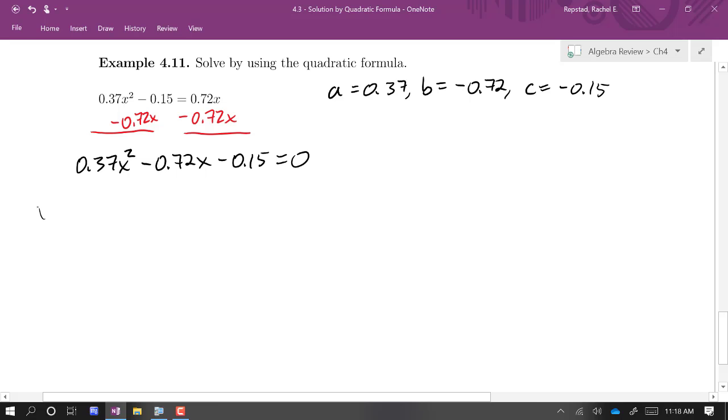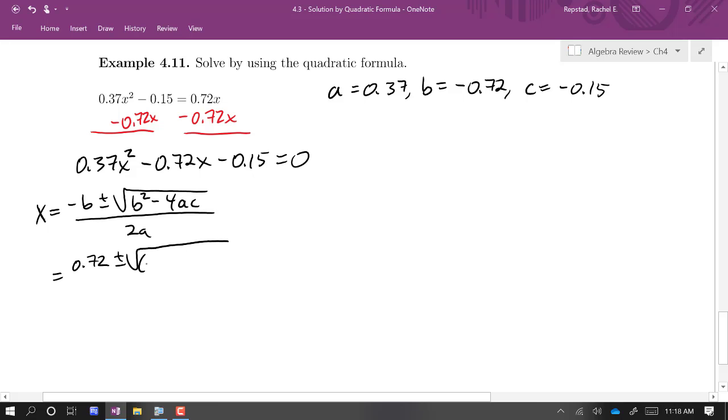I'm going to start by writing out the quadratic formula. Negative b plus or minus the square root of b squared minus 4ac all over 2a. Negative b is a positive 0.72 plus or minus the square root of negative 0.72 squared minus 4 times 0.37 times negative 0.15, all over 2 times 0.37.